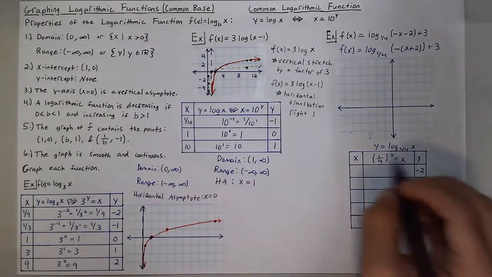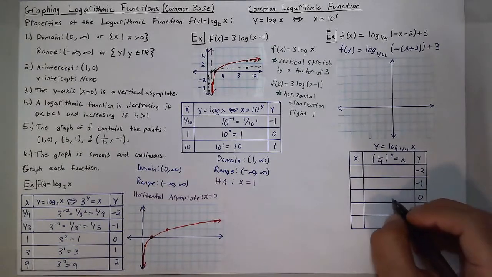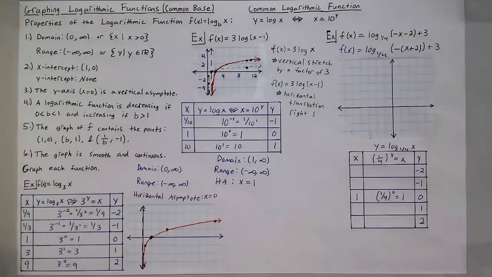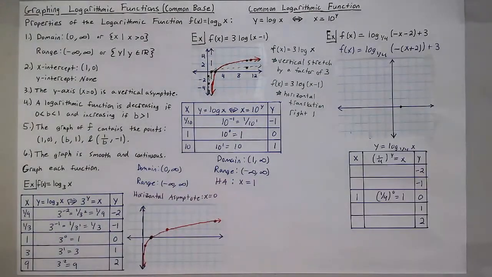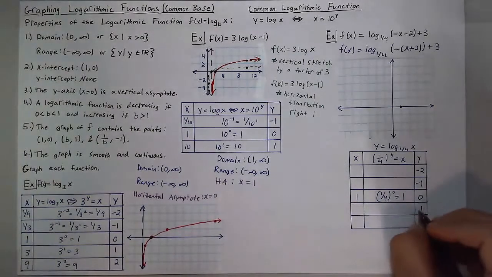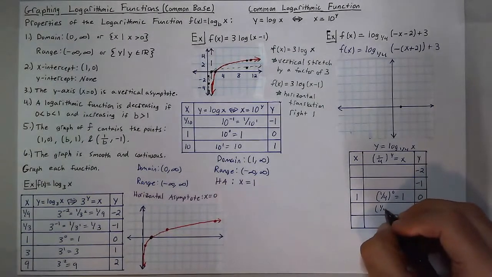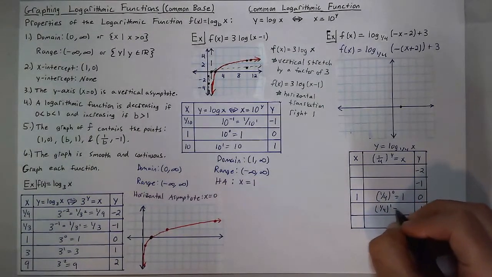So first, 1/4 to the 0 gives me 1. So when x is 1, y is 0. So very similar point we've seen before. Now when y is 1, x becomes 1/4.